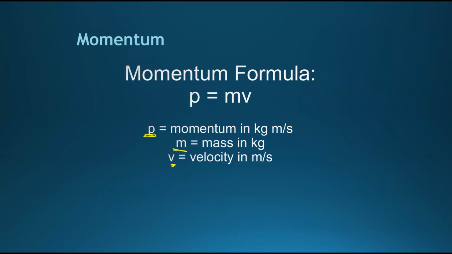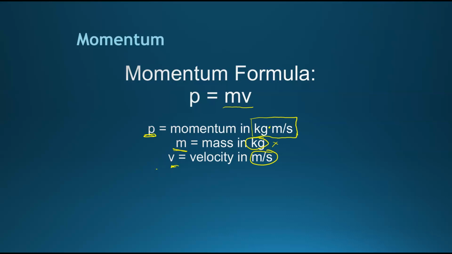Mass, we know, is measured in kilograms, and velocity is measured in meters per second. Now, when I calculate momentum, I'm multiplying mass times velocity, so I'm multiplying kilograms times meters per second. That means the units for momentum are just kilograms times meters per second.